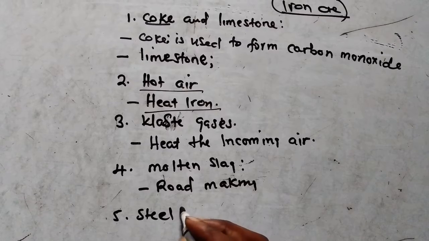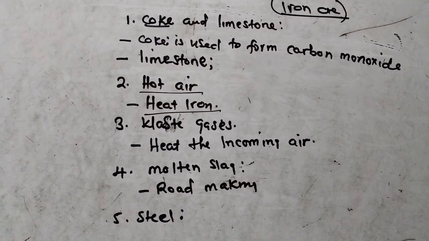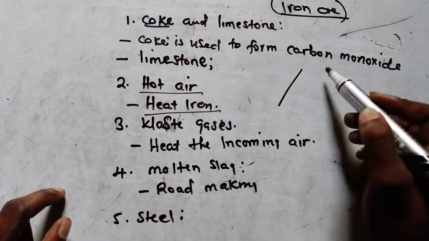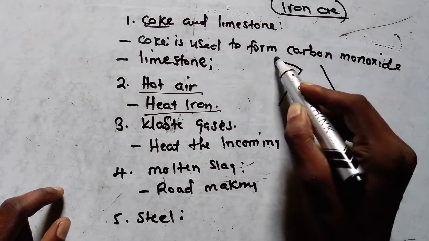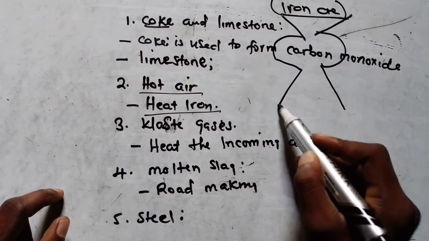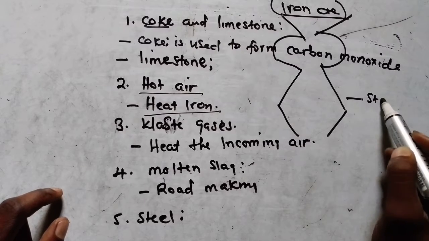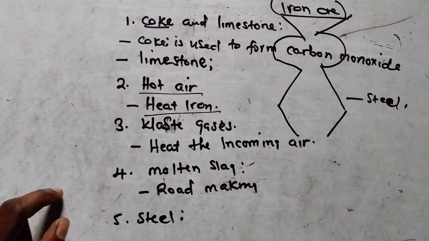We also have steel. I remember I explained about the steel on the blast furnace when I started explaining. The walls of the blast furnace are made out of steel. So why steel?